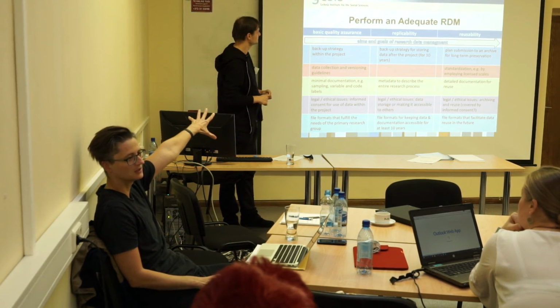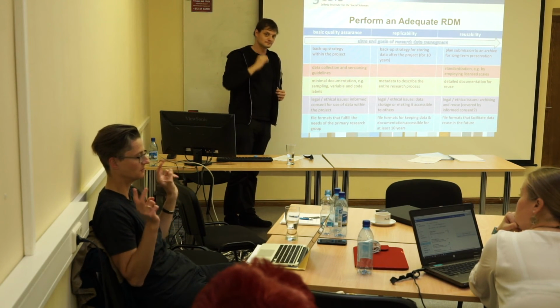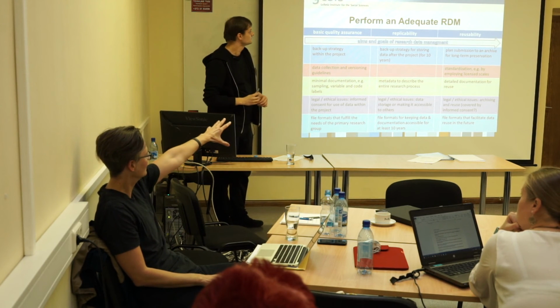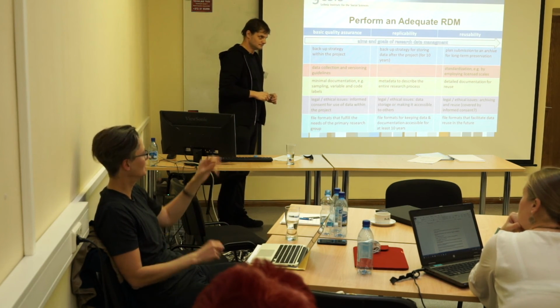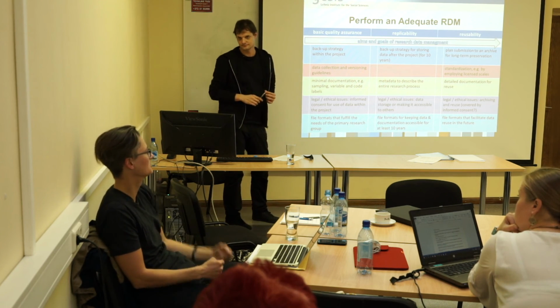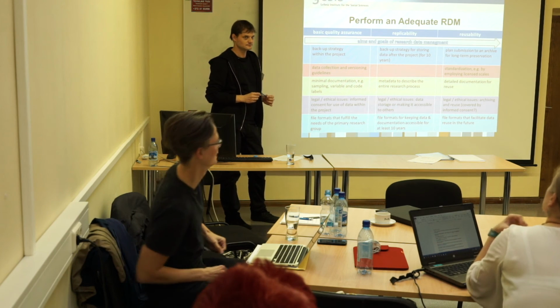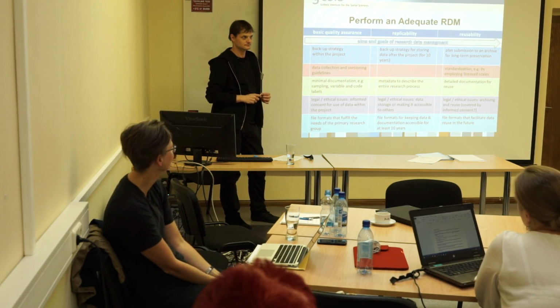Basic quality assurance is what would happen in the so-called private research domain. Replicability would already be in the shared research domain, and reusability would be in the publication and persistent domain. So maybe that helps to make it a bit less abstract.